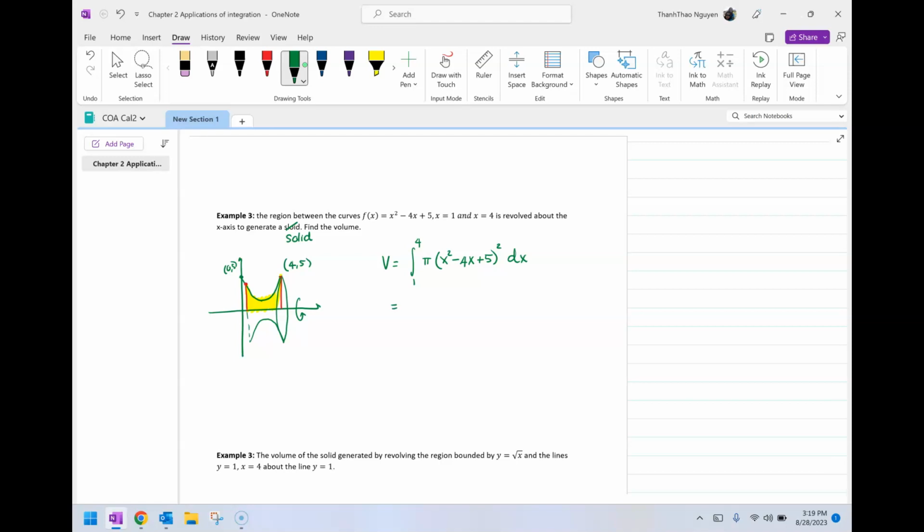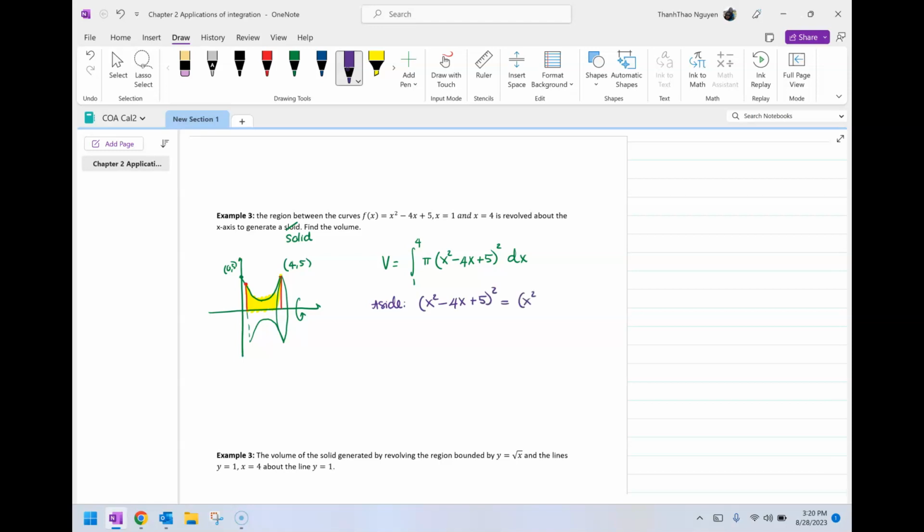What we need to do is to expand x squared minus 4x plus 5 squared.